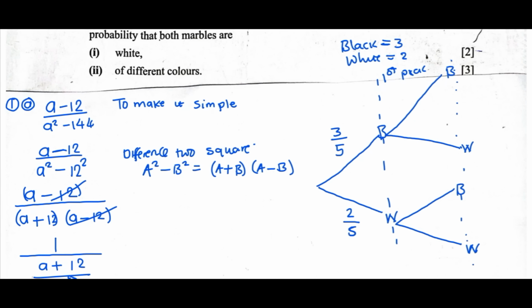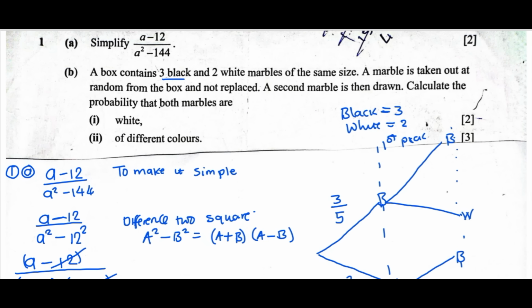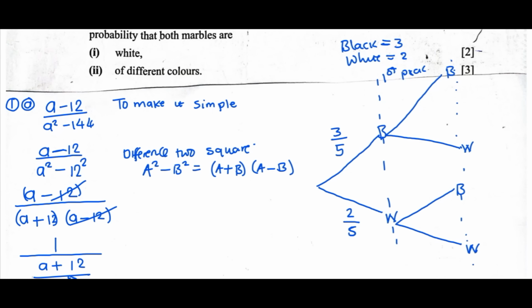Then for the second pick, we can see there is a condition that it is not replaced. So whenever we are told that it was not replaced, we are going to assume the first one. Let's assume that the ball that was picked was black and without replacement.